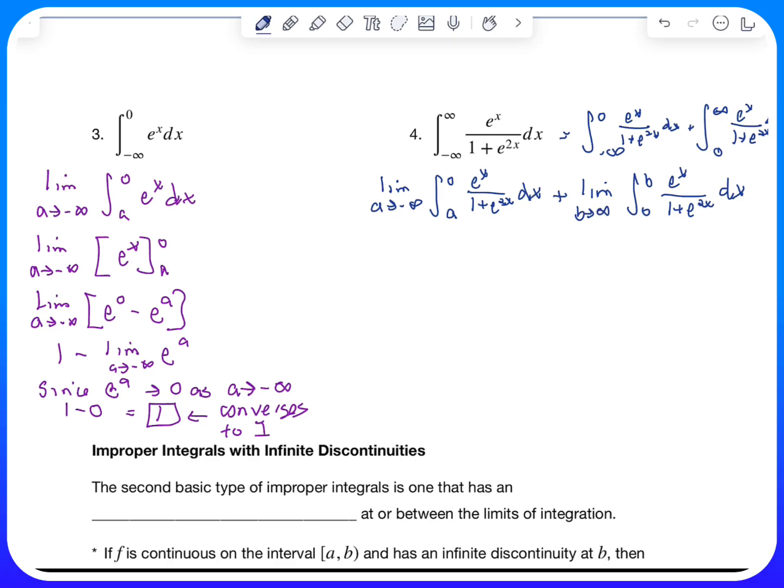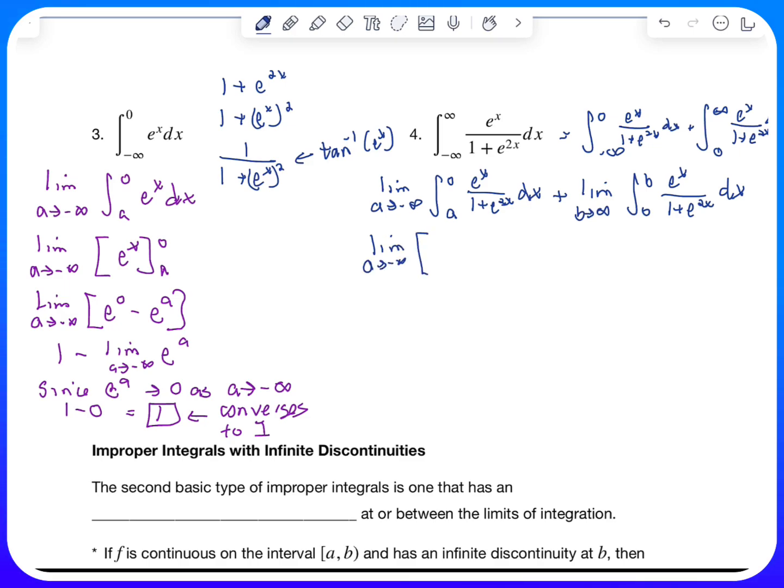Okay, so let's look at that denominator, 1 plus e to the 2x. Now I can rewrite that as 1 plus e to the x quantity squared. So I have an a squared plus an x squared term. So this is our inverse tangent function, where our u is e to the x. So this is the inverse tangent of e to the x when I integrate it.